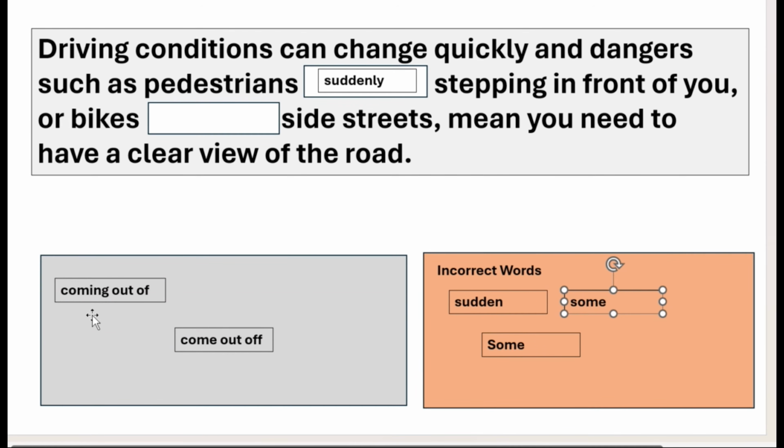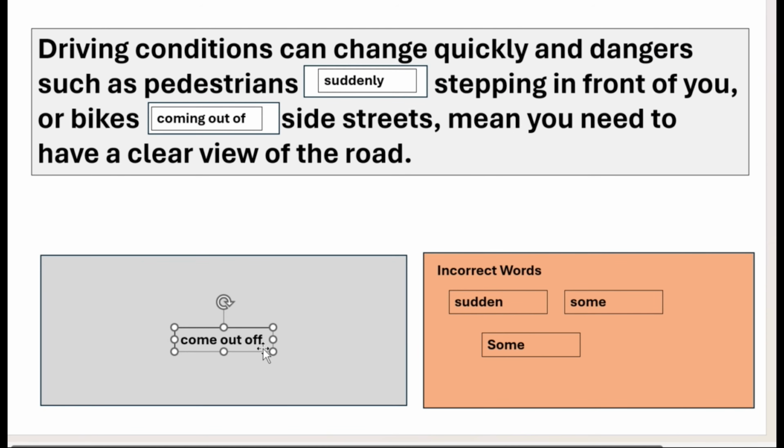So we know the answer should be one of them, like coming out of, or come out of. So what should be the answer? If we say come out of side street, is it okay? No, the answer will be coming out of side street, because it's a continuing thing. It's not like come out of. It doesn't mean anything. So the answer is coming out of.